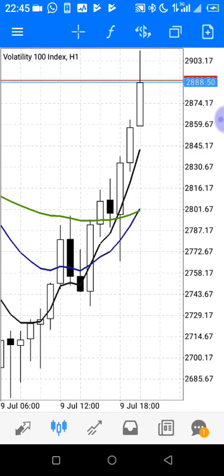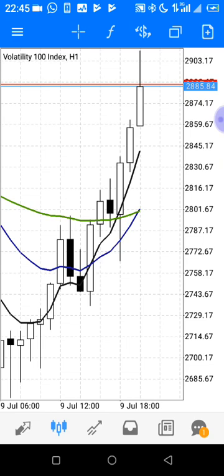When it's pointing down, it means the market is in a downtrend. If the EMA 60 is pointing up, it means that the market is in an uptrend.